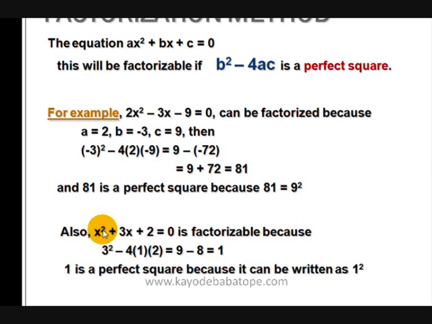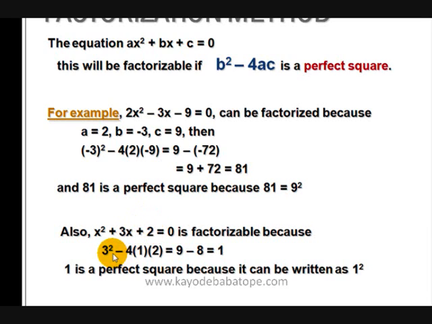Check another example. x squared plus 3x plus 2 is equal to 0. Is this expression factorizable? Let us test. In this case, a is equal to 1 because 1 is the coefficient of the squared term. b is 3, the coefficient of the middle term. And c is 2, the constant term.